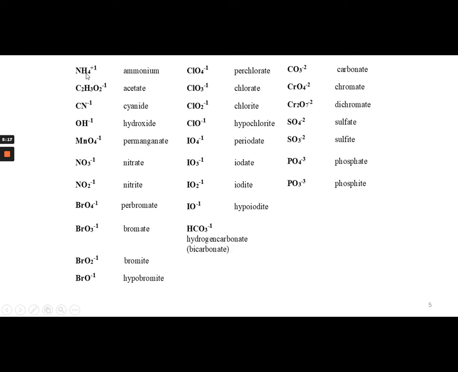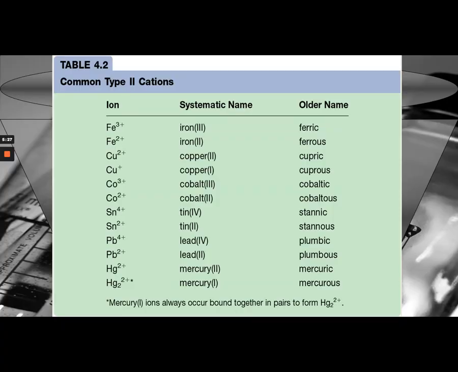The sum of nitrogen and hydrogen together equals +1. The sum of 2 carbons, 3 hydrogens, and 2 oxygens equals -1, and so on. Then don't forget about the common cations of the transition metals, which have variable oxidation states because they have those electrons in d orbitals. We'll be using them to help us figure out how to write formulas and how to write names.